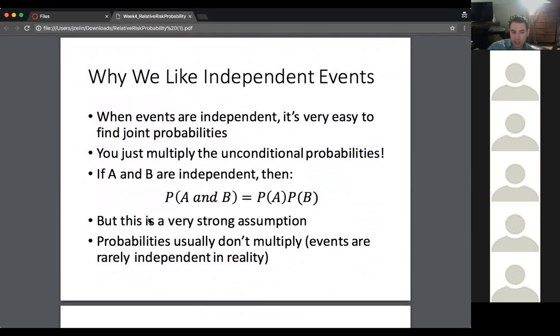You can just multiply the two unconditional probabilities. So if you know that A and B are independent, then the probability of A and B is simply the probability of A times the probability of B. But this is a very strong assumption because events are rarely independent in reality, and we usually are not able to simply multiply them. But if you are working with independent events, you can do this.